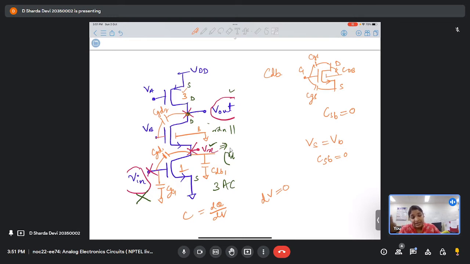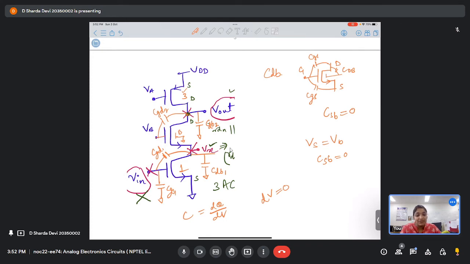So if that is the case, then what will happen? Your CDB, that is your drain to body capacitance, will actually come between your output node and ground. Is this clear? Yes. This is the condition when your body terminal is grounded.